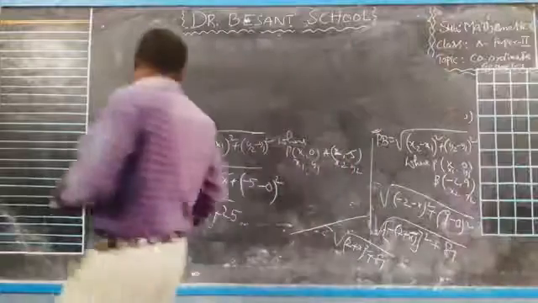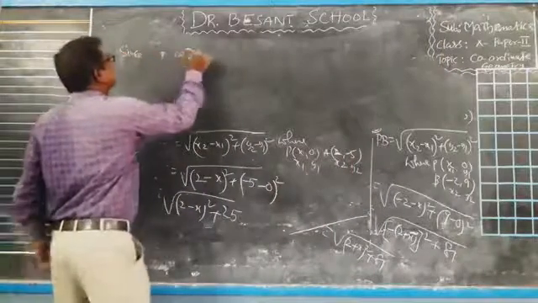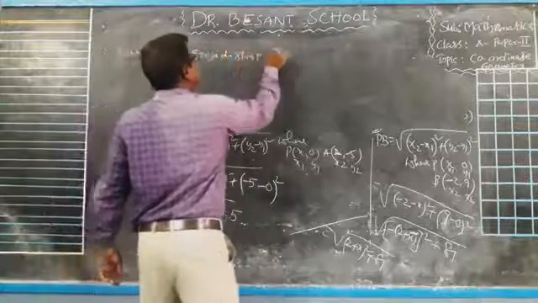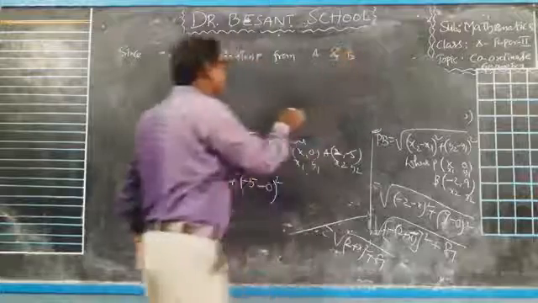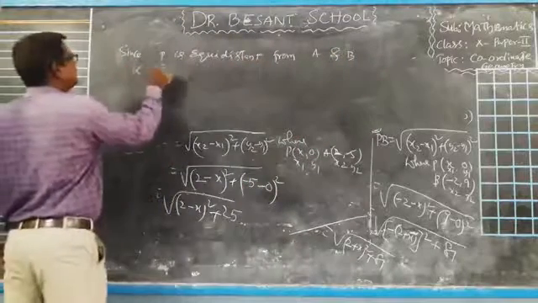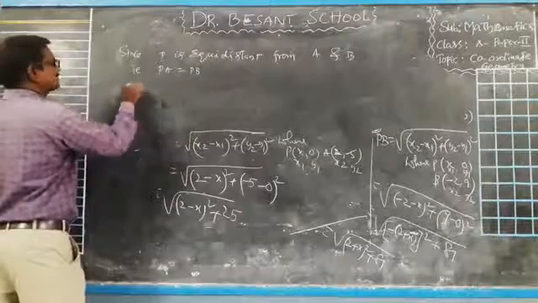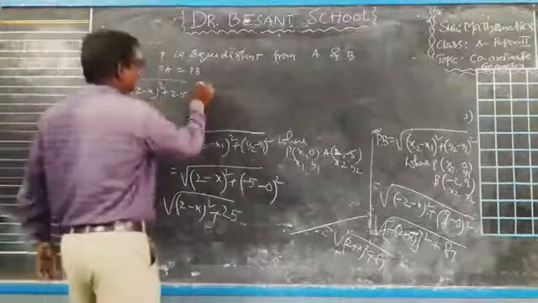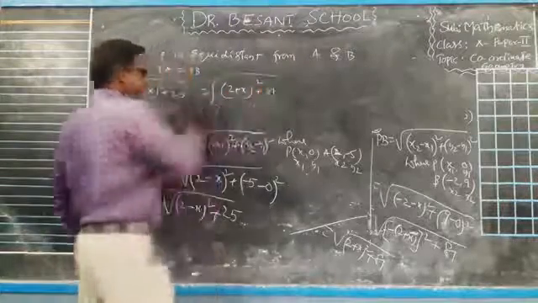Okay children, since P is equidistant from A and B, that is PA is equal to PB. PA means root over (2 minus x) whole square plus 25 is equal to PB means root over (2 plus x) whole square plus 81.